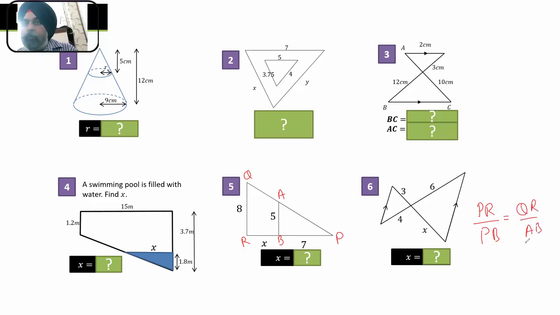So now you have to just put on the respective values and you can find out the value of x. It should be x plus 7 upon PB, that is 7, equivalent to 8 upon 5. So just solve this and you will get your answer.